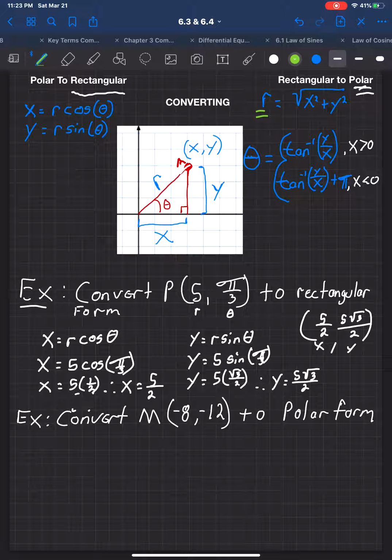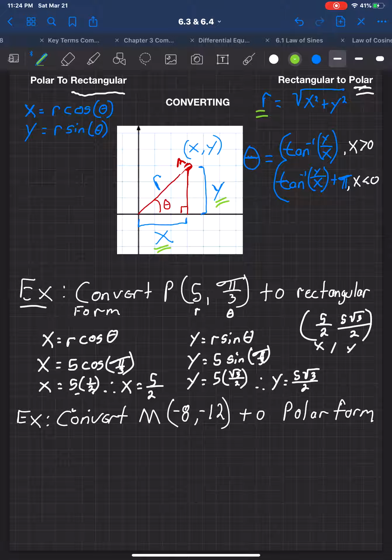Now, your angle, theta: if you're given an x and you're given a y, that means you're given the adjacent side and you're given the opposite side. So tan inverse works perfectly for converting those side lengths back to an angle. The only caveat is it's always going to be tan inverse of y over x.